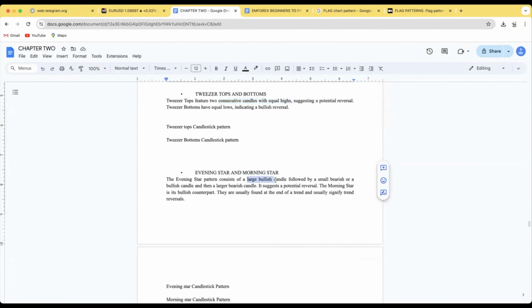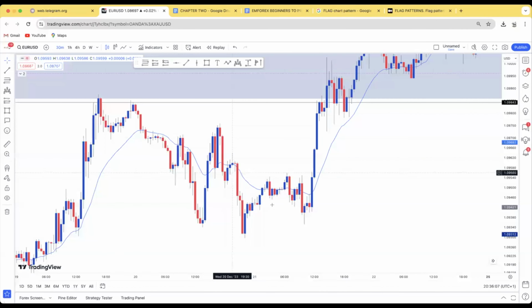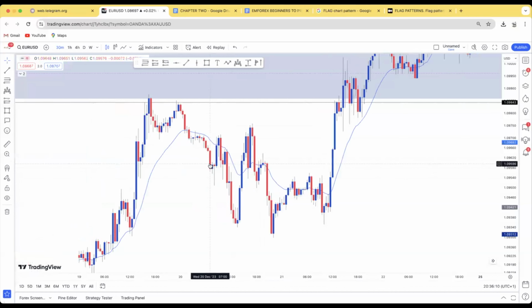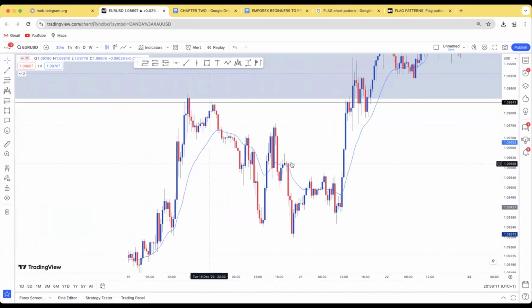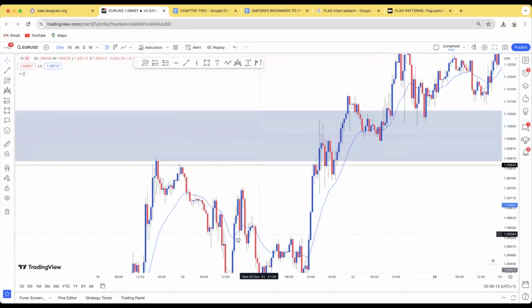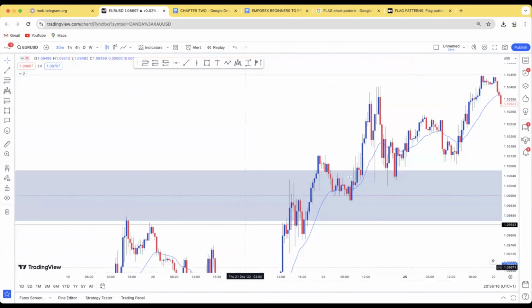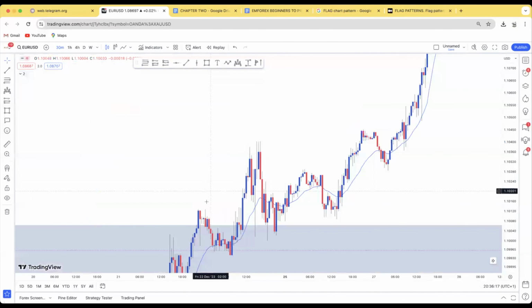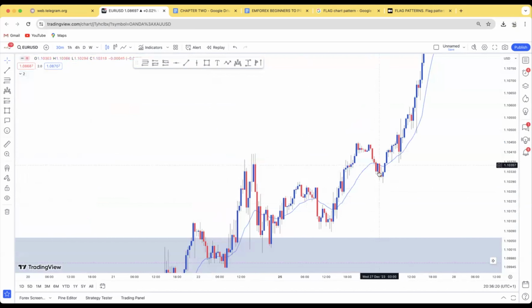A large bullish candle followed by a small bearish or bullish candle, and then a large bearish candle. So let's look out for it. A large bullish candle for an uptrend.